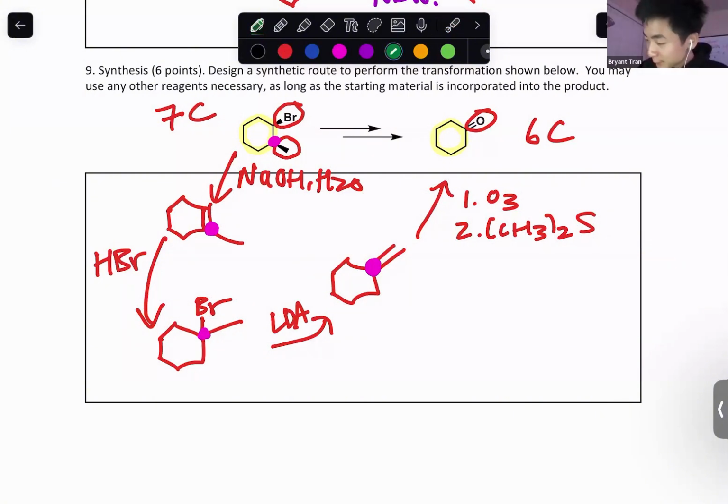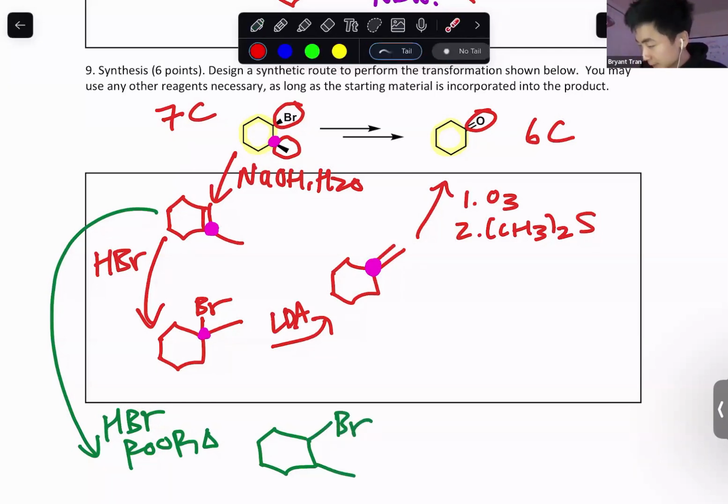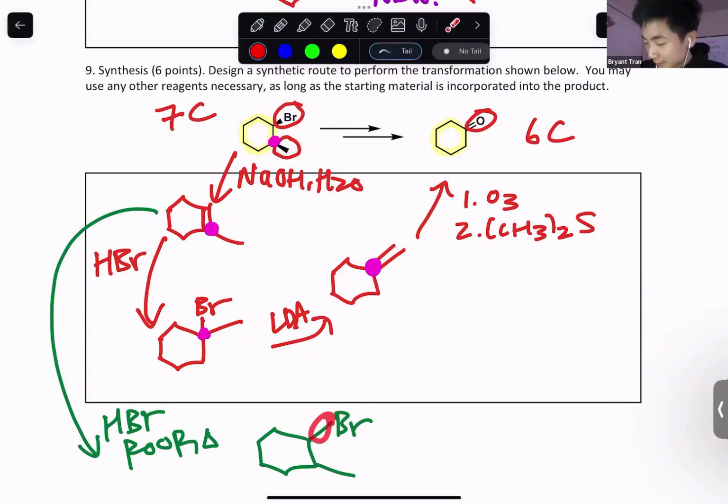If you did do peroxide effect with HBr and ROOR with heat, you would have a bromine at the less substituted position. And that's basically going to go backwards to what we started with, right? But with different stereochemistry now. So to summarize, the first reaction we did was E2 Zaitsev.